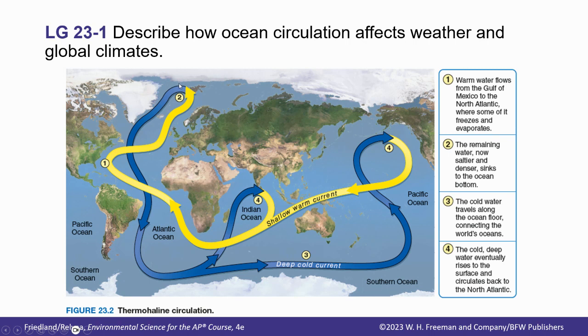Okay, the remaining water is now saltier because the water has frozen, so the salts had to come out of that frozen water, because salt water will not freeze as easily as just regular water. So that salty water that's now denser sinks to the bottom of the ocean, and it's going to be below that warmer water because warm things rise, and it's going to travel back down here to the Antarctic, and the cold water travels along the ocean floor, connecting the world's oceans.